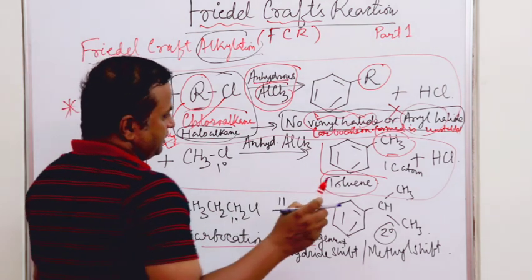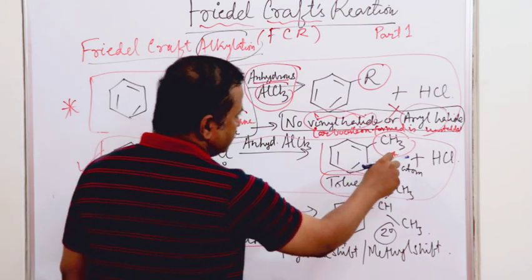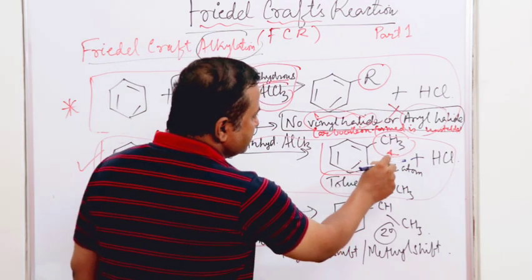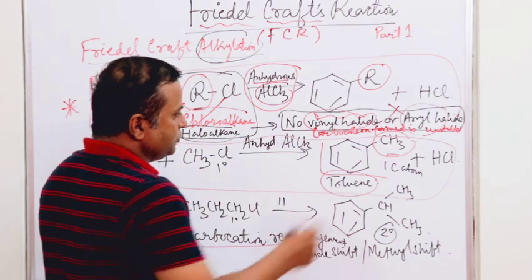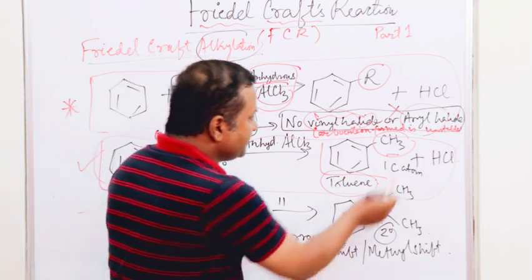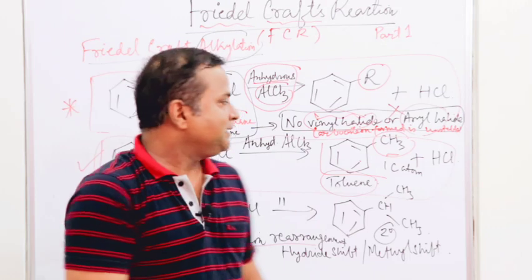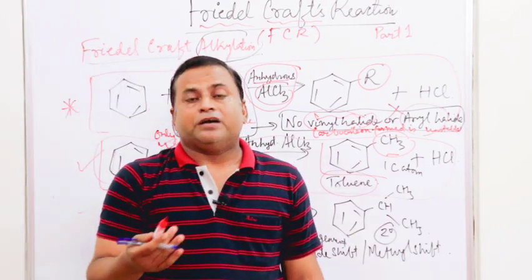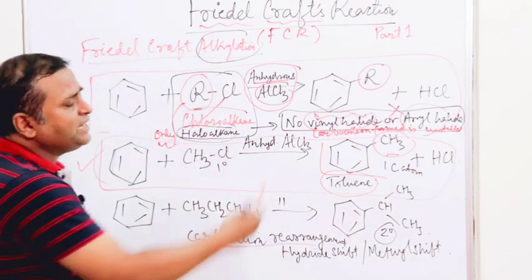Again, I will repeat: the product that we have obtained here, methyl benzene, has a methyl group. This methyl group is electron donating in nature, so it will donate electrons into the system, and as a result this product will be more susceptible to electrophilic attack than what we started with. So what happens? There will be polyalkylation.